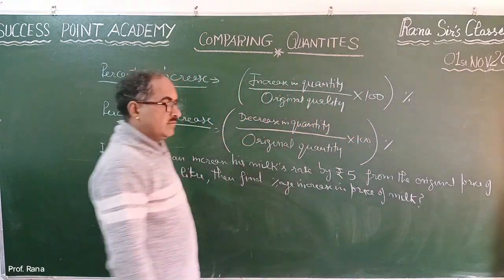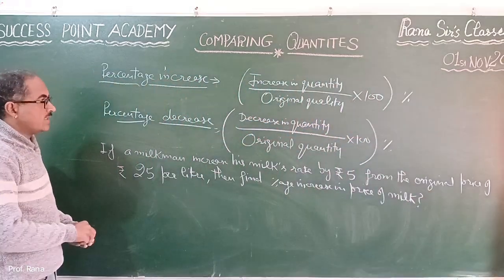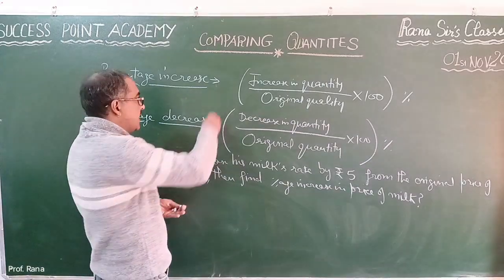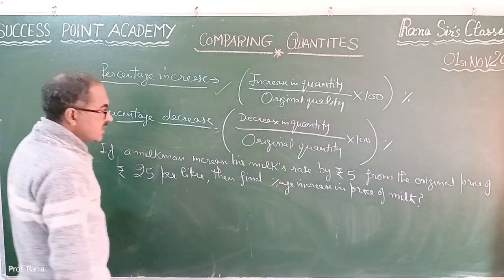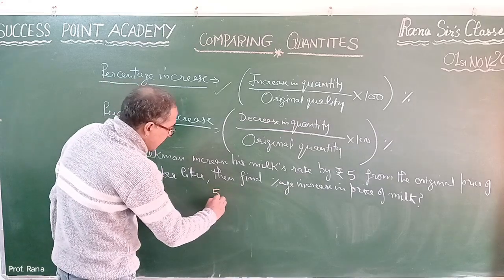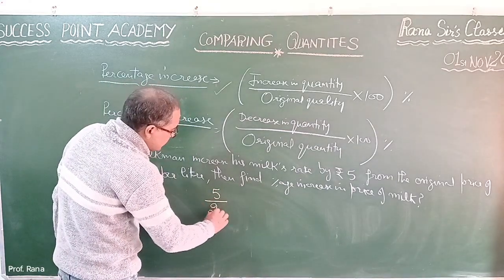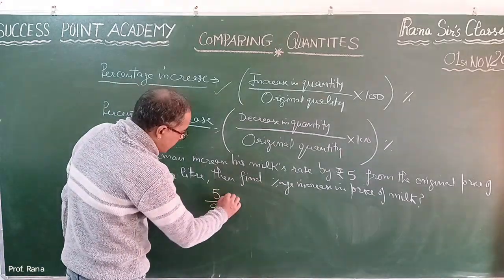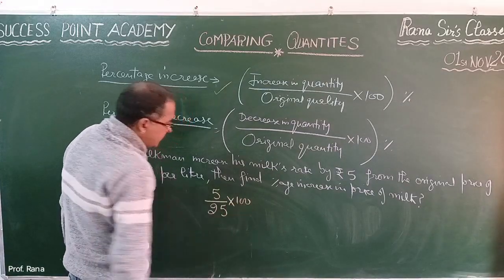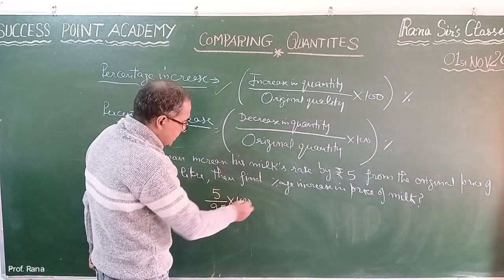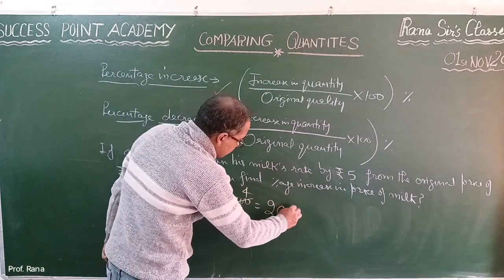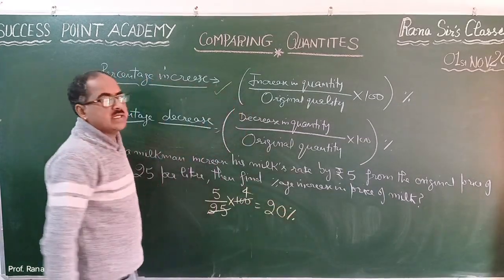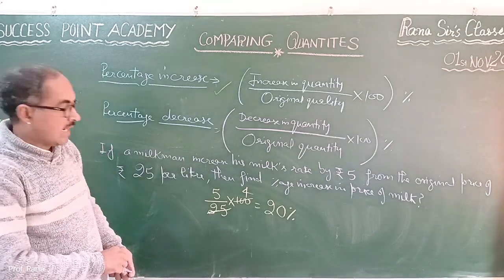How will you solve this? So here this simple formula will be applied. What is the increase? Increase is rupees 5. Original price was 25. Multiply it with 100. So 25 for the 100, it will be 20% increase, right?